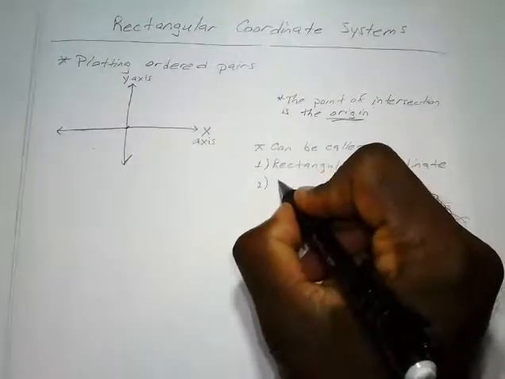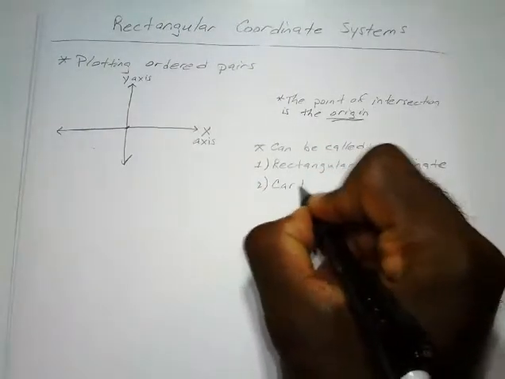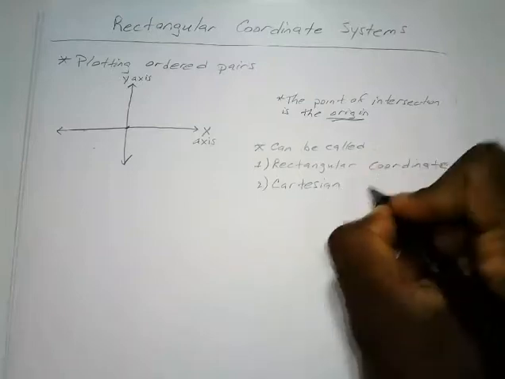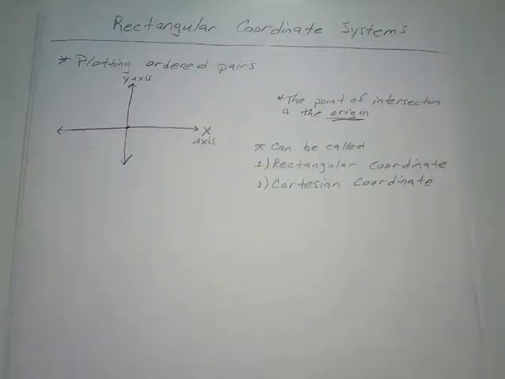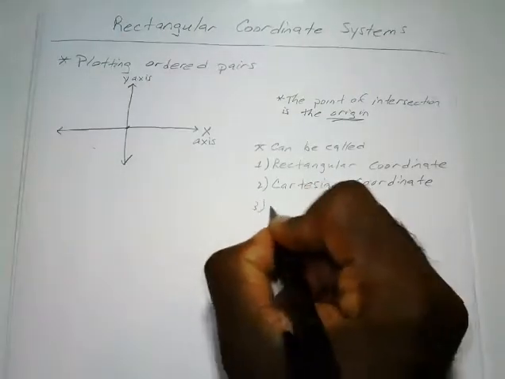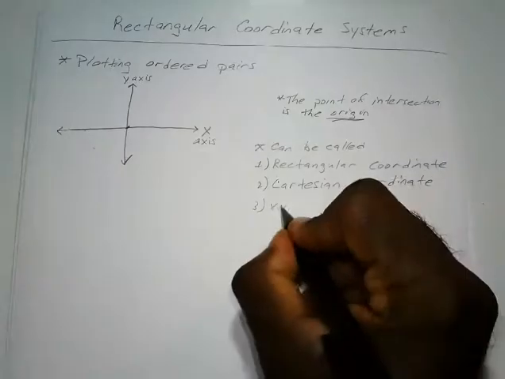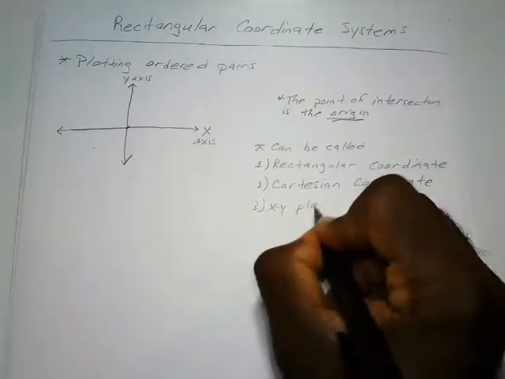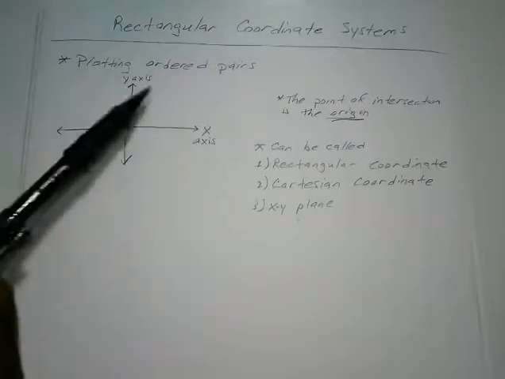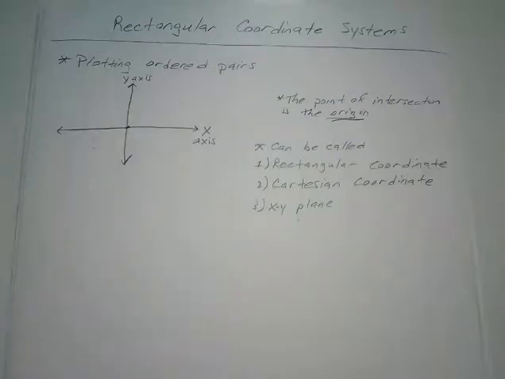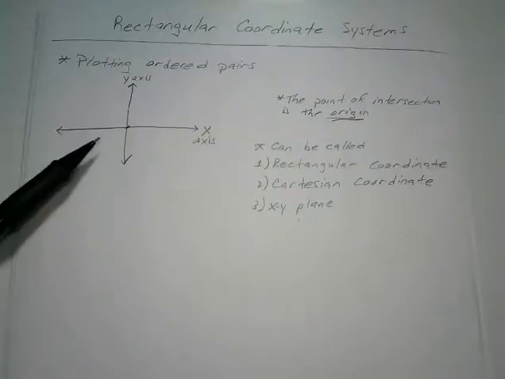You may see it referred to as the Cartesian coordinate system, or sometimes you may just hear someone call it the XY plane. Any of those names can be used to refer to this. Okay, so if you hear someone say, okay, draw a Cartesian coordinate, they just mean basically draw your XY axis.